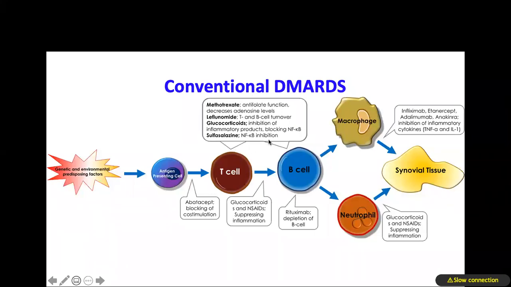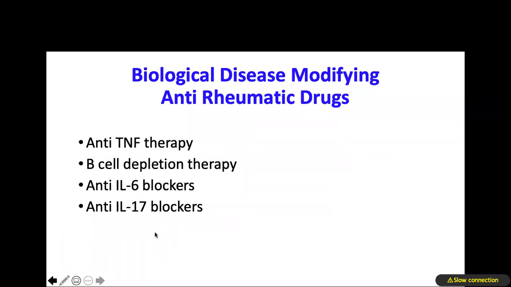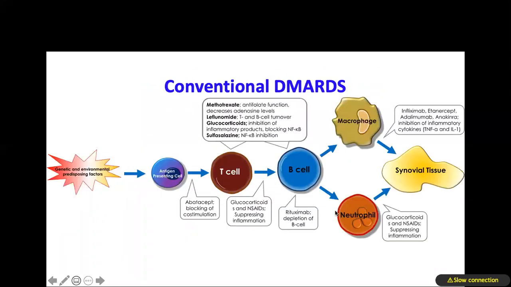Most of these drugs, which are conventional disease modifying drugs, act on T and B cell proliferation, right? But the biologics actually target particular things. Now nobody really knows exactly how the glucocorticoids and non-steroidals suppress inflammation in rheumatoid arthritis, but they are believed to act via the innate immune system and not via the adaptive immune system.